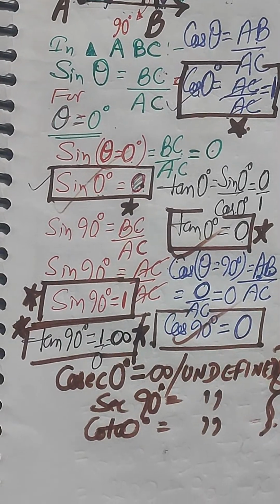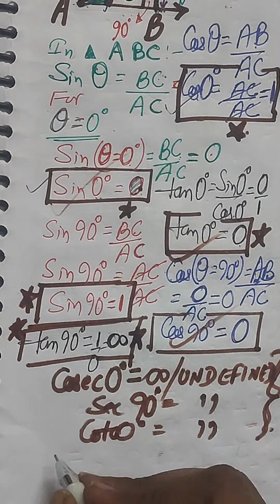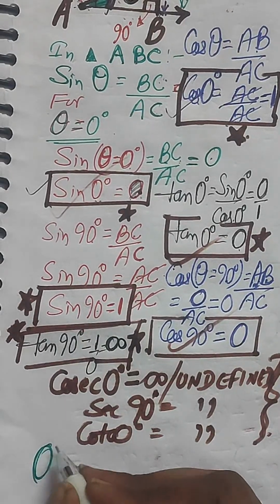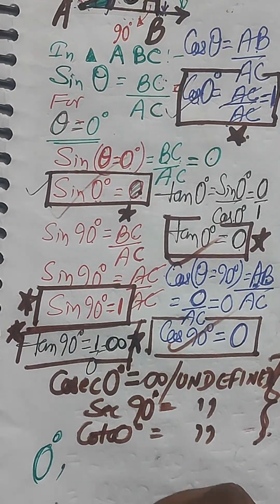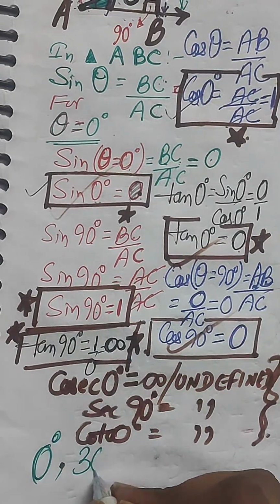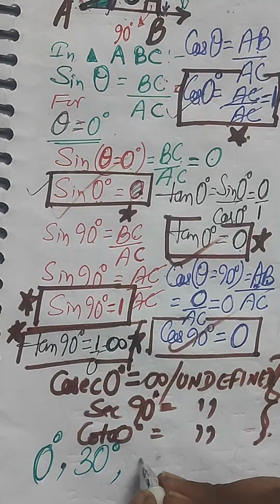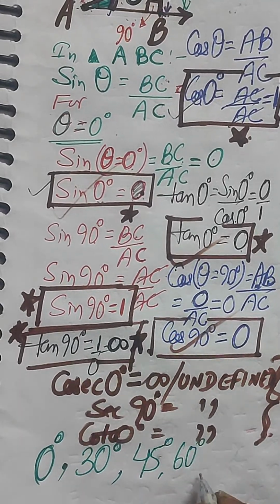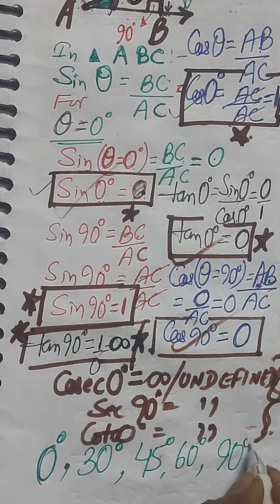So students, in this session we have covered how to calculate the values of different trigonometrical ratios at the different degrees: 0 degree, 30 degree, 45 degree, 60 degree and 90 degree.